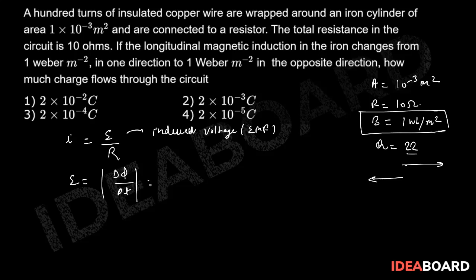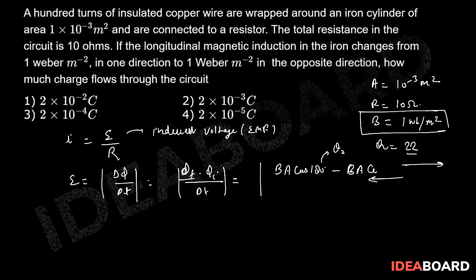We can write this as phi final minus phi initial divided by delta t itself. The value of phi final will be B into A into cos 180 degree, because we change the direction. So the angle theta 2 is equal to 180 degree, and in the first case the magnitude is the same and the angle will be 0.